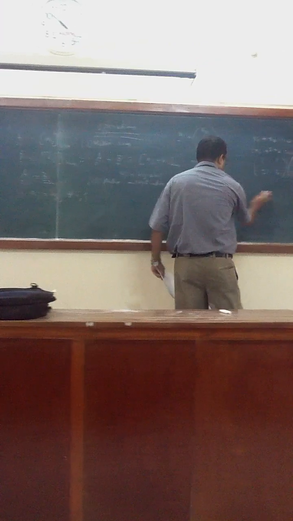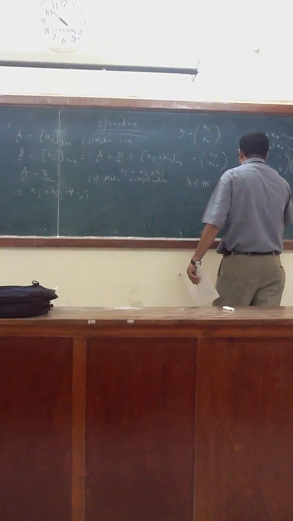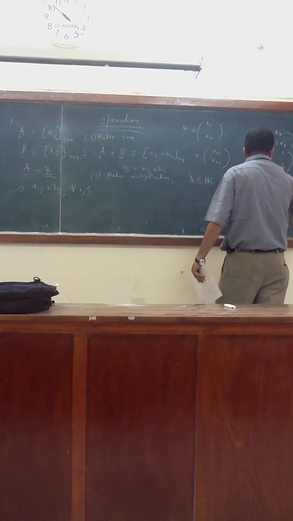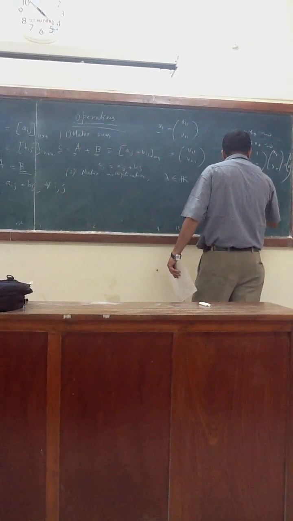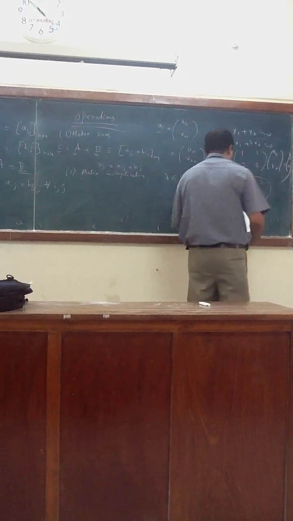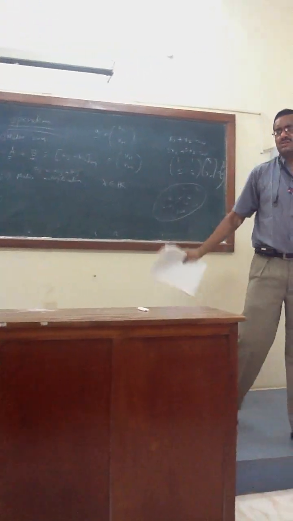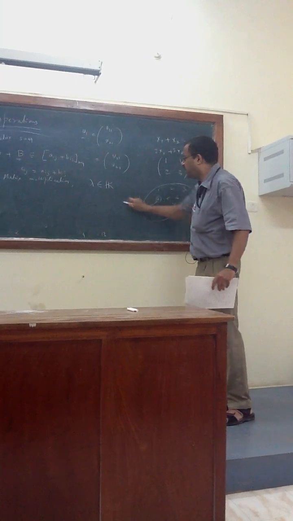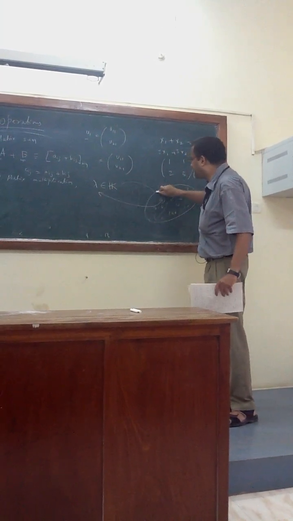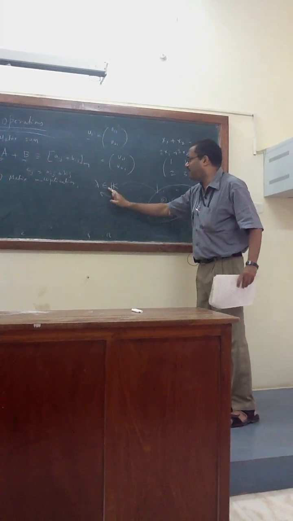Numeric field will come later when I talk about the details of vector space, but for your benefit, a numeric field is a set of numbers, any real numbers, and I can pick one number, which is lambda. K is the entire numeric field, and lambda belongs to K.